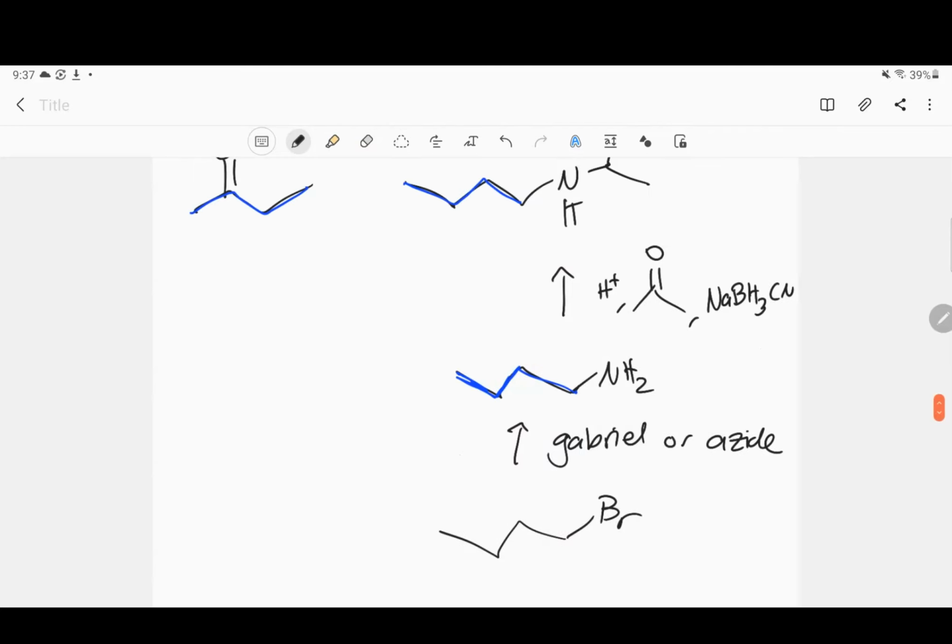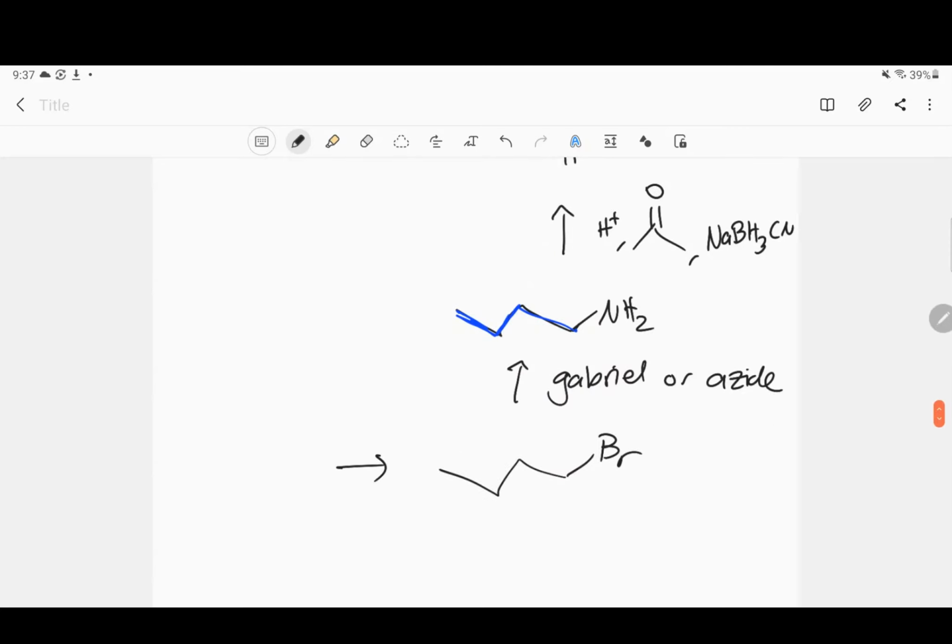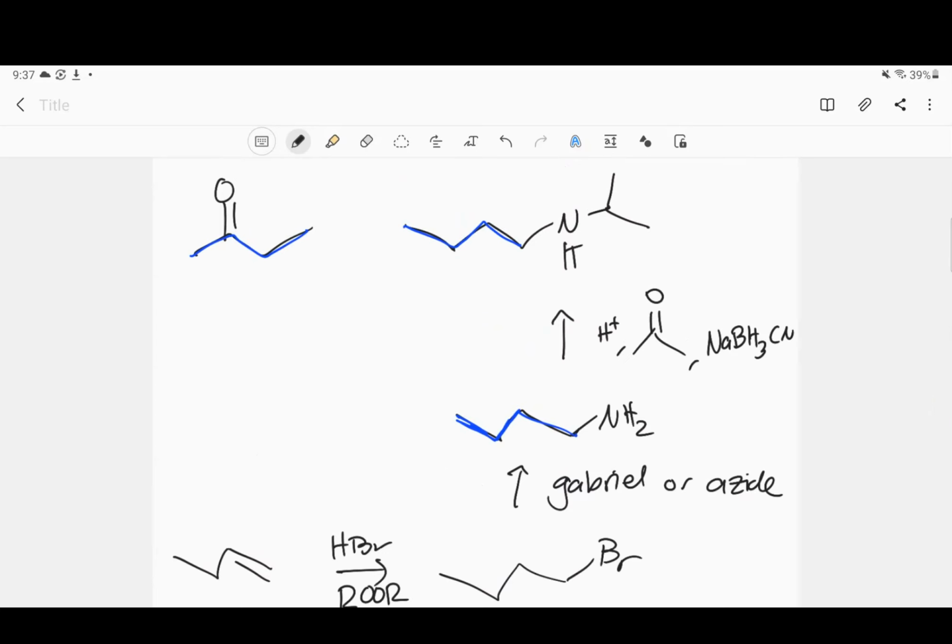So how are we going to turn this ketone into the bromide? We know how to do anti-Markovnikov bromination. We still have the ketone, and to get to an alkene we can go from an alcohol by eliminating it, right?